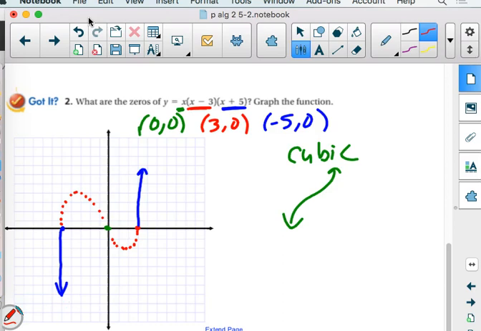I need to know where it is, so I'm going to have to punch it in. So take a minute here, punch in x, parentheses, x minus 3, parentheses, x plus 5. And then the next ones, I'll ask somebody to tell me what they got for maximum. And what they got for minimum.